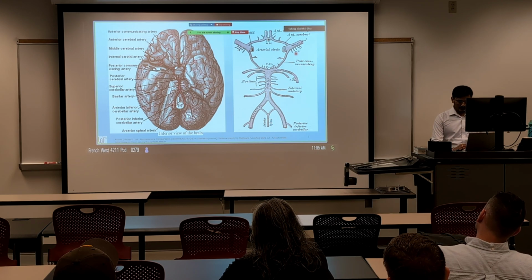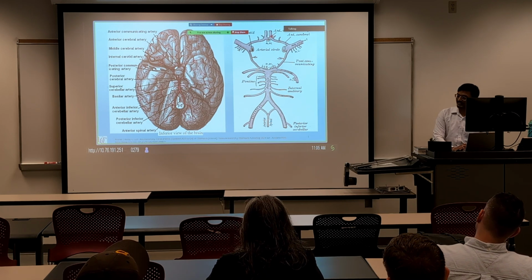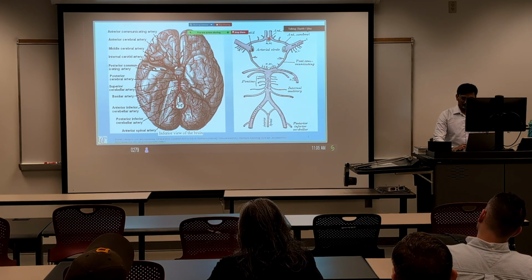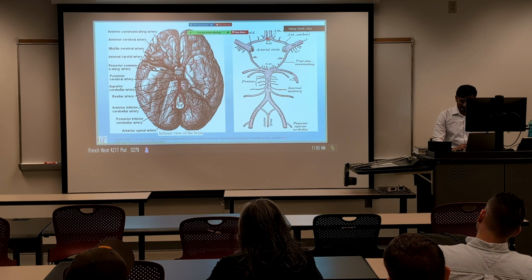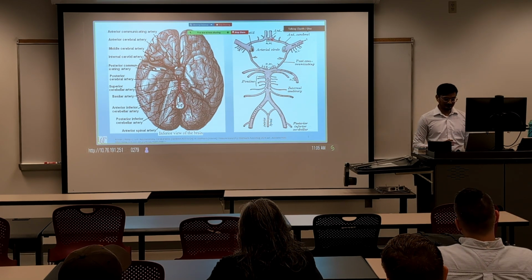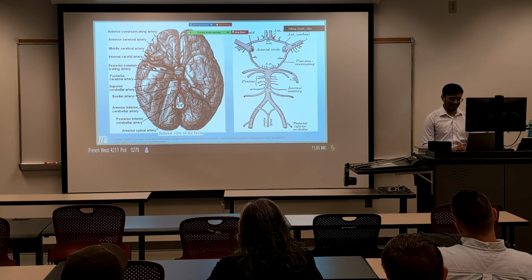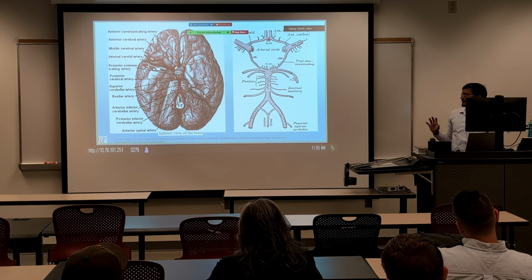And if we focus on this part on the top corner, we call this artery the anterior communicating artery, or in short ACOM, and you call this A1 and A2. So basically it's A1, A2 and A3 in this bifurcation.